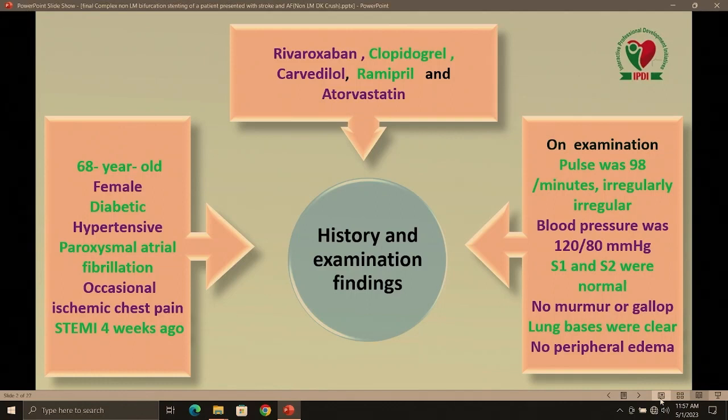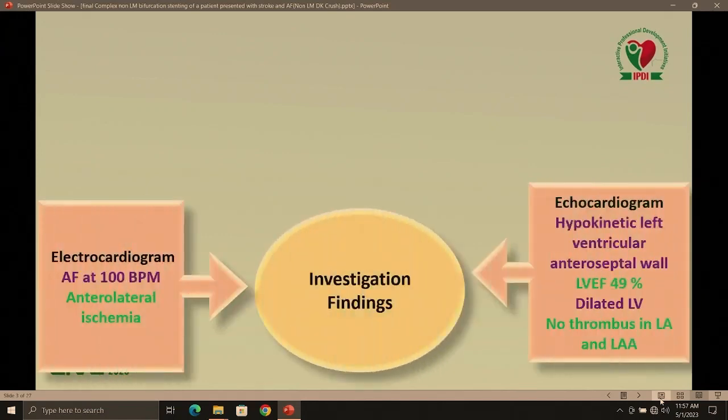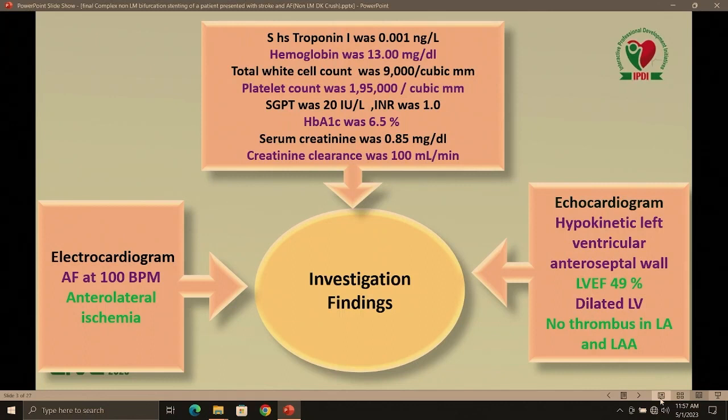The patient is on rivaroxaban, clopidogrel, carvedilol, ramipril, and atorvastatin. Investigation findings reveal the electrocardiogram shows atrial fibrillation with anteroseptal ischemia, and echocardiogram shows anteroseptal wall is hypokinetic with ejection fraction mildly reduced and dilated LV, no thrombus in the cardiac chamber. And other investigations reveal no remarkable findings.